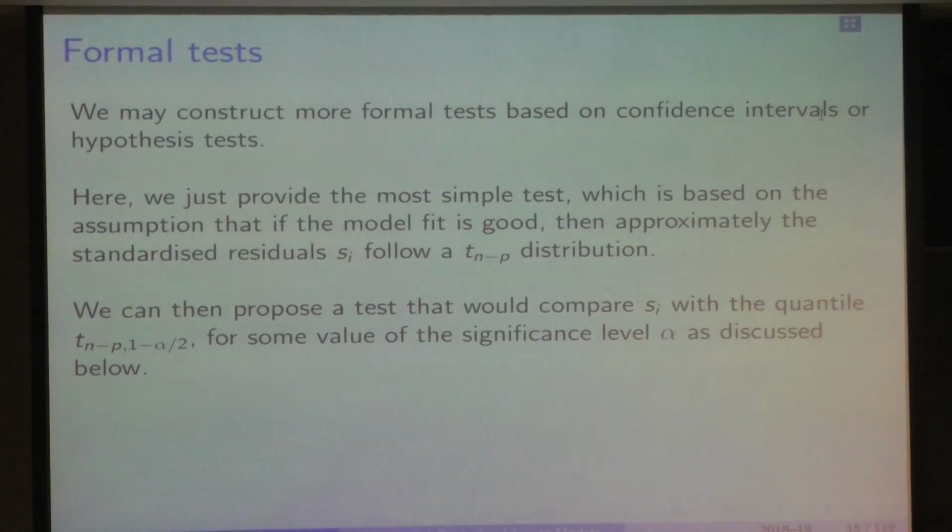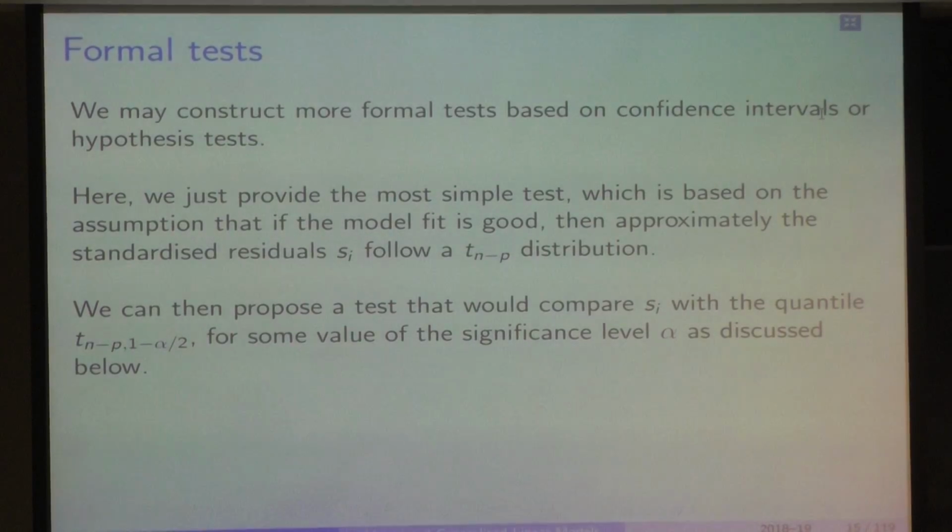Okay, so what we want to do is to look at the standardized residuals and say, are they alarmingly large? If we compare them with a quantile of a t distribution with n minus p degrees of freedom, do they look alarmingly large?